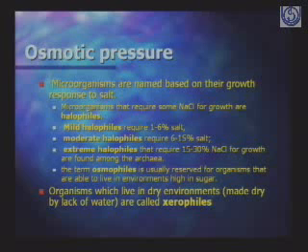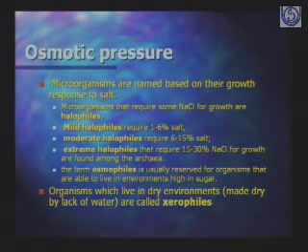The next factor which comes into play is osmotic pressure. Since we are talking about microorganisms, how changes in osmotic pressure will affect their growth. Depending upon the presence of NaCl or sugar in the media, some microorganisms will be inhibited, whereas some will grow.